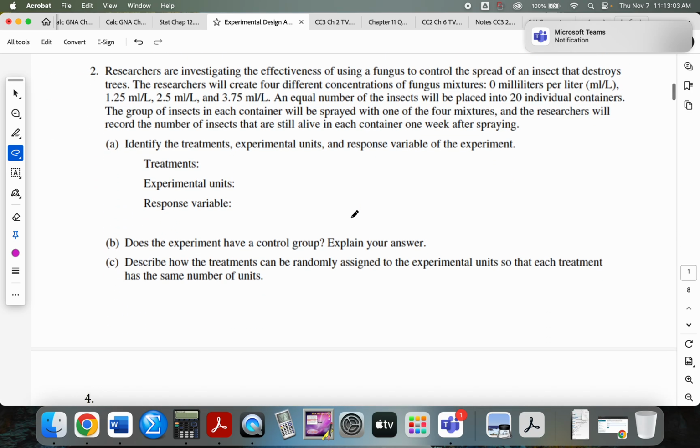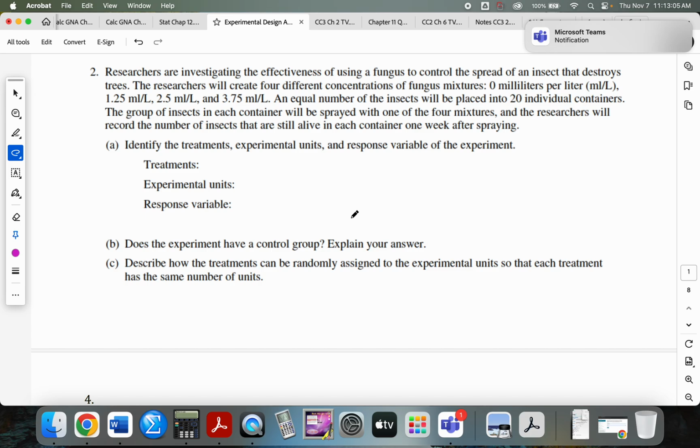All right. Let's look at this one. How much time do we have? 2 minutes. 2 whole minutes? All right. Look at this one on your own. But there's some good stuff in this one about what are treatments, what are the experimental units, what is the response variable, is there a control group, how can you randomly assign.